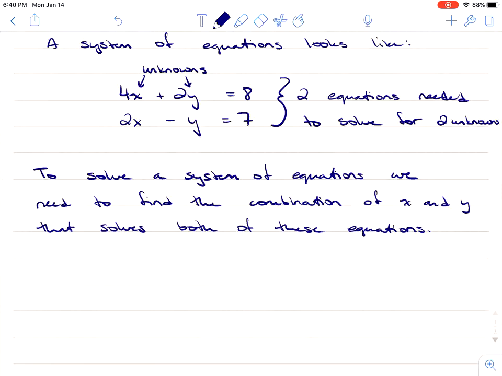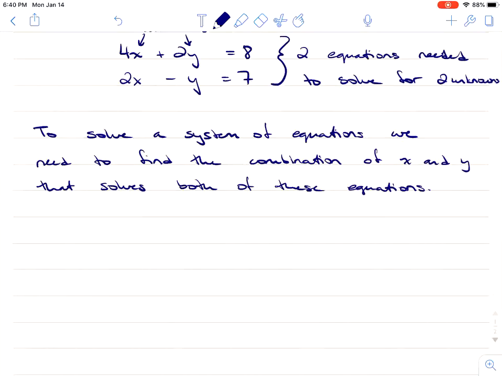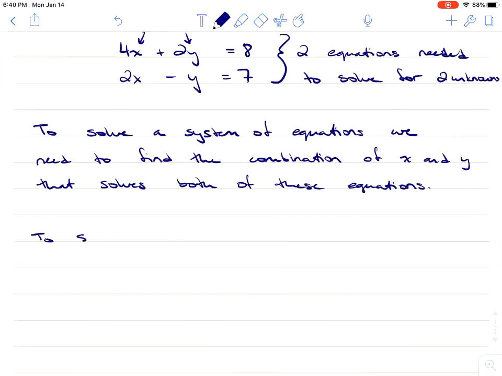Of course, if you have three unknowns, x, y, z, you would have to have at least three equations. That's just a little side note, but good to know.